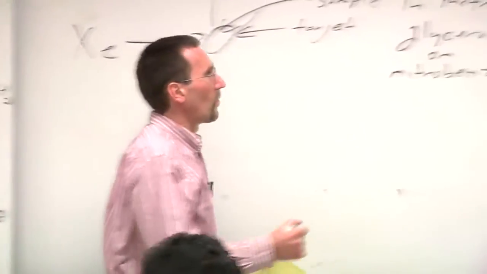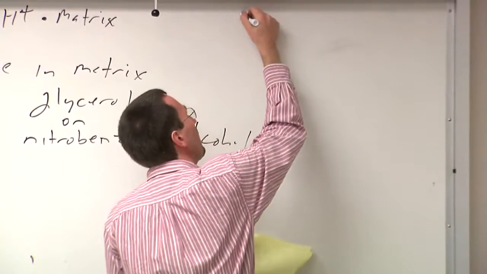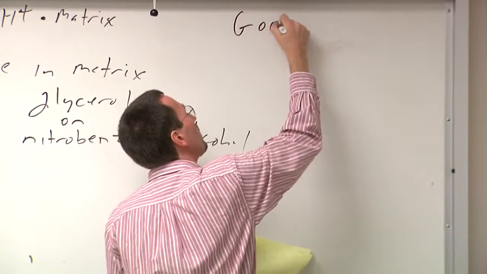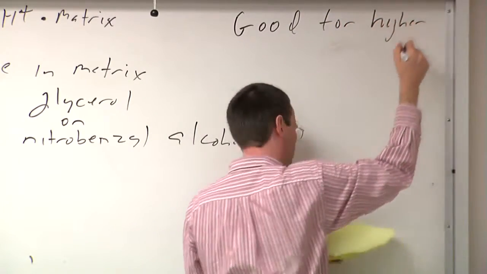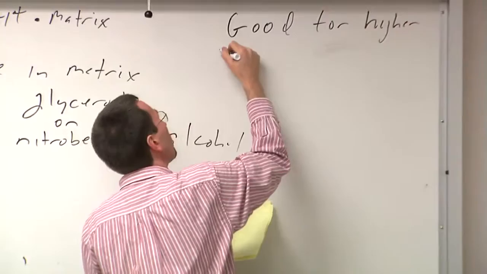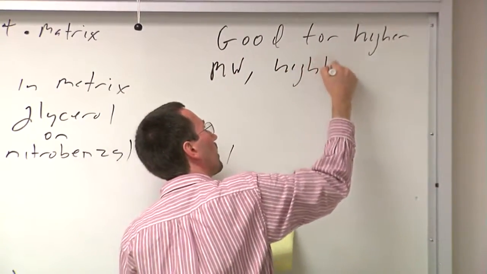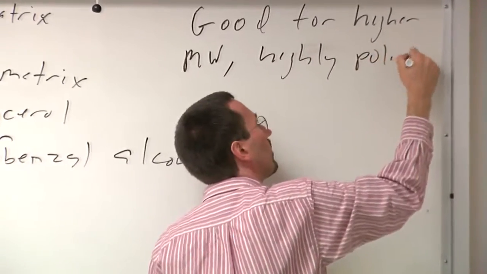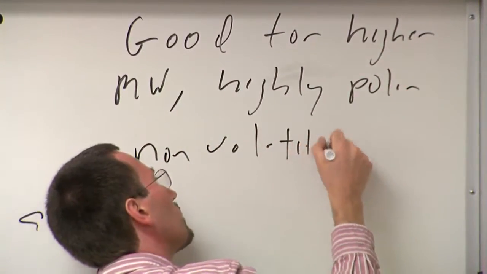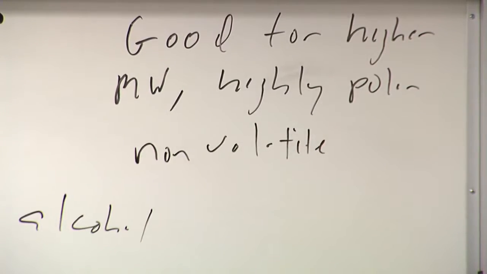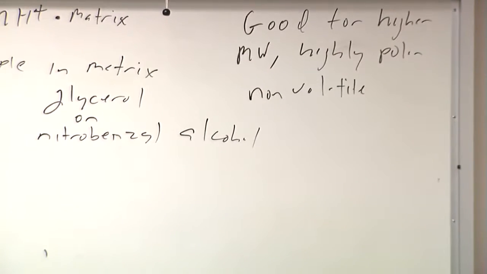So this is good for highly polar compounds, non-volatile compounds and higher molecular weight compounds. It's also good for compounds that tend to fragment in CI if you want to see the molecular ion.